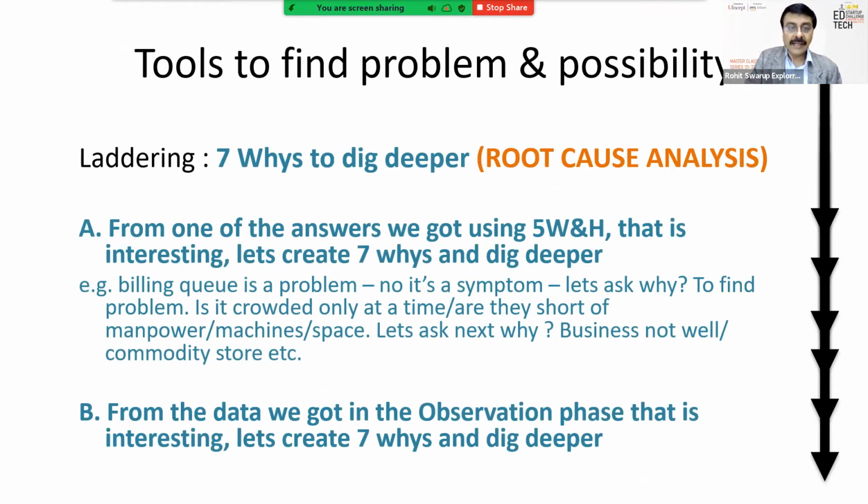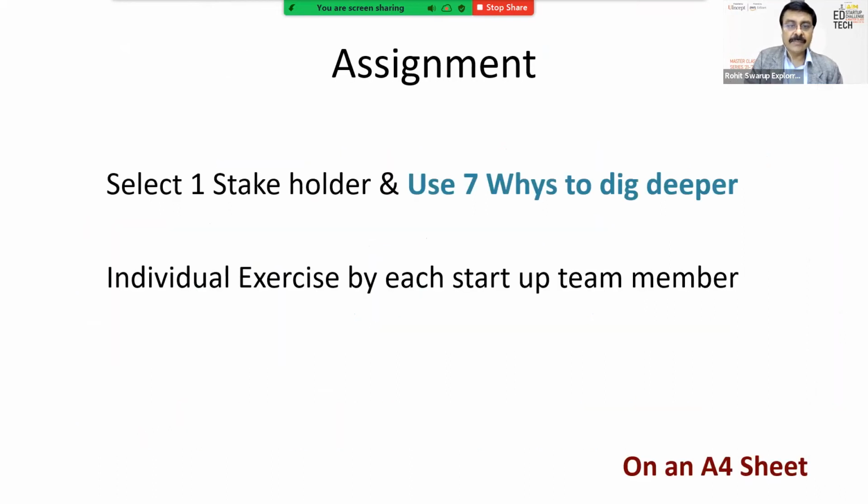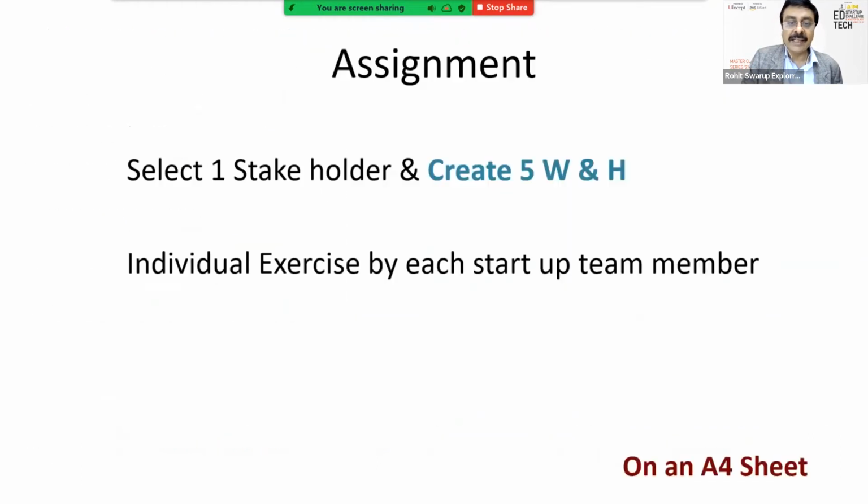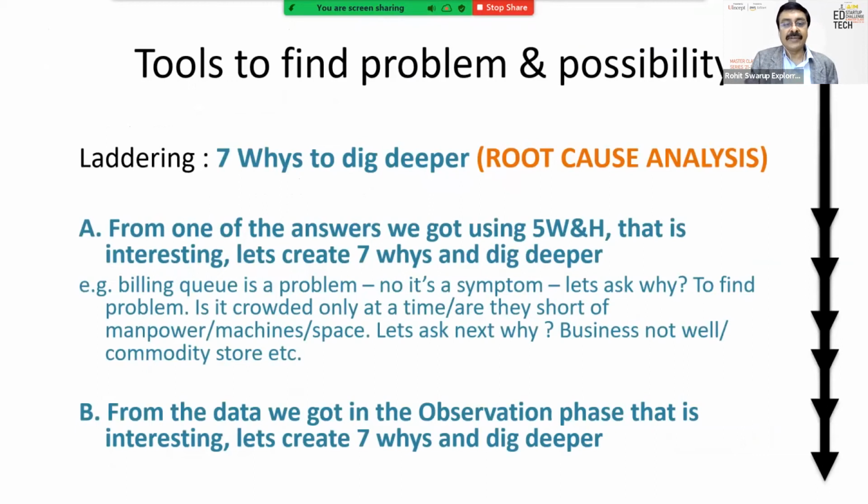So beyond these 5WNH, once we get a direction, this will give us a variety of answers from stakeholders. We pick the one that we find interesting and want to dwell on further, and we apply the laddering technique there, simply asking the question.